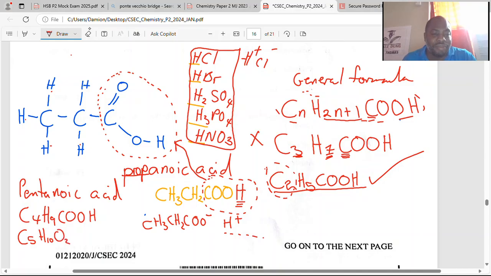We can't have that. This is a representation of this, not true? So technically, the molecular formula tells you how much of each atom.